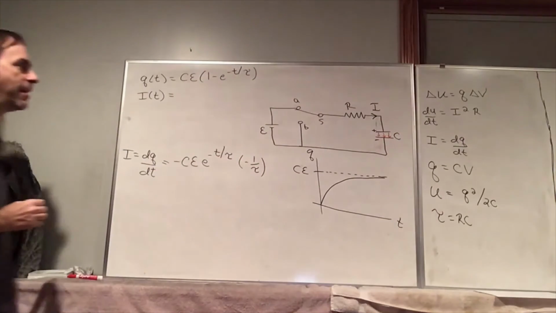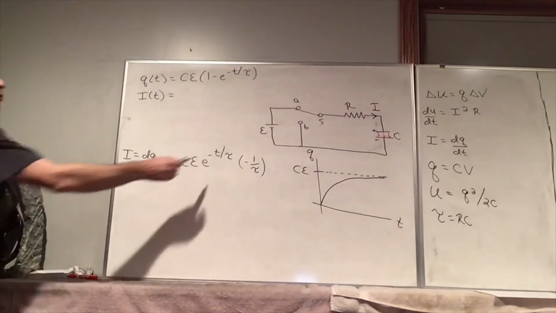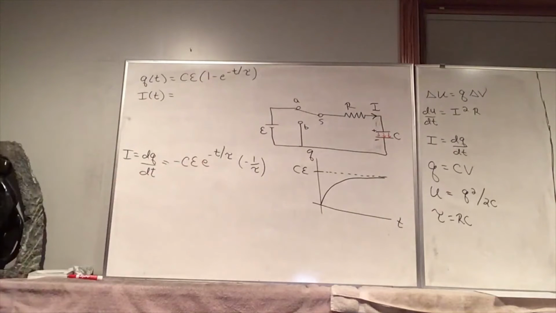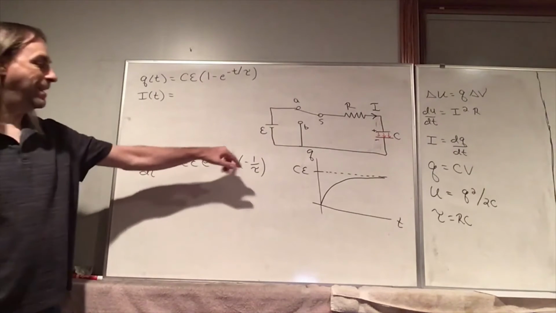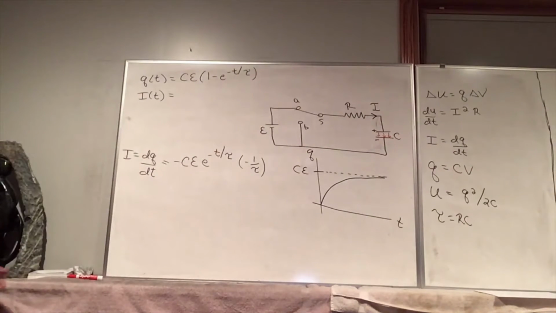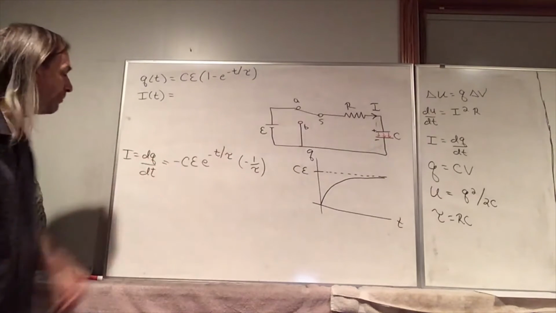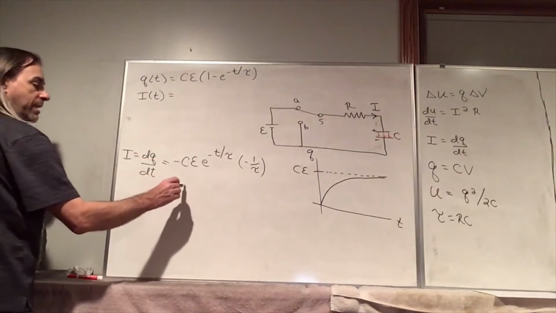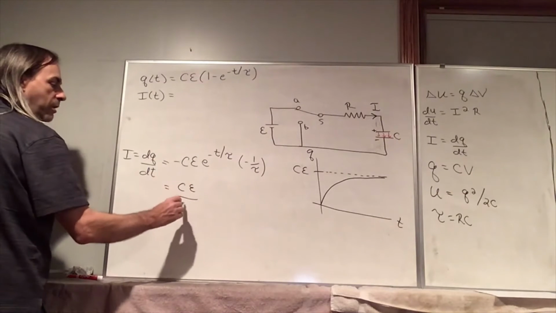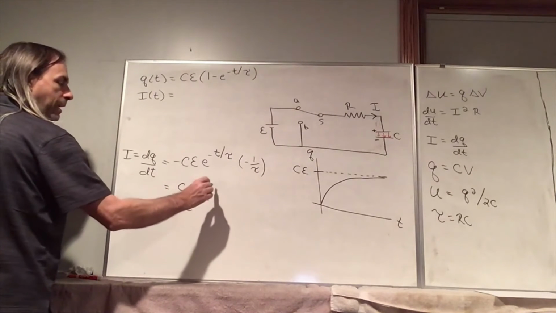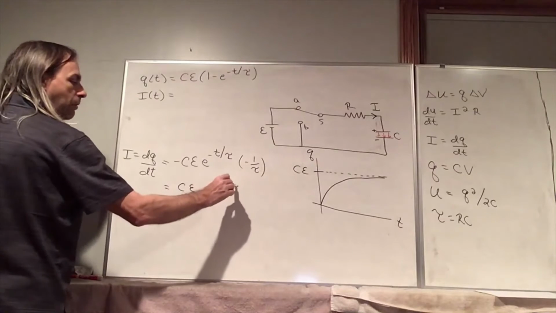And so we're taking the derivative of minus t over tau with respect to t. So the minus signs cancel out, and we have C epsilon over tau e to the minus t over tau.